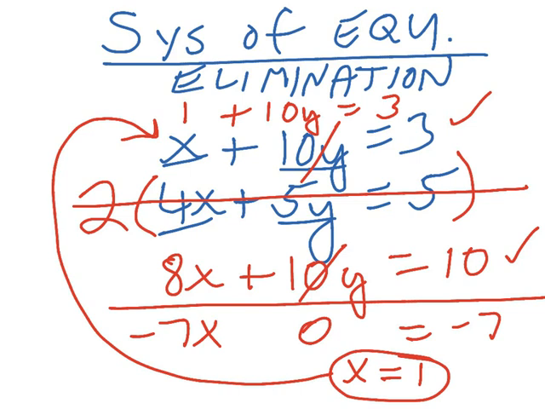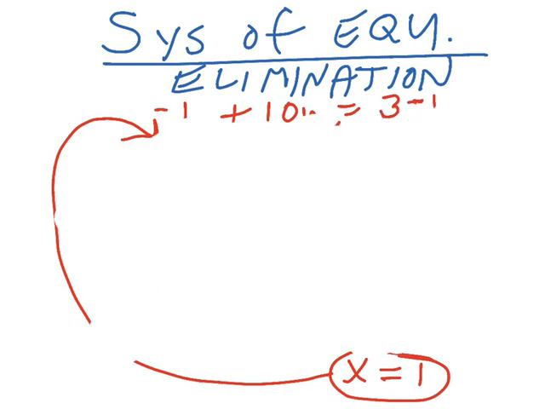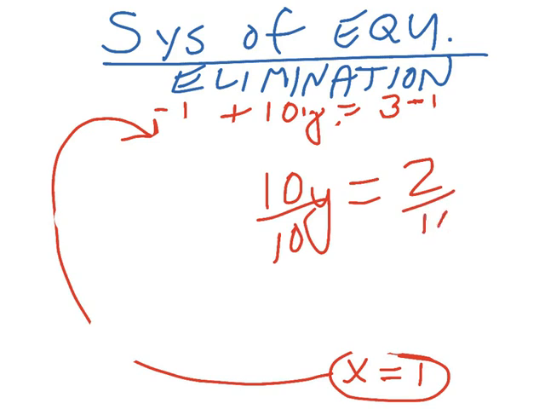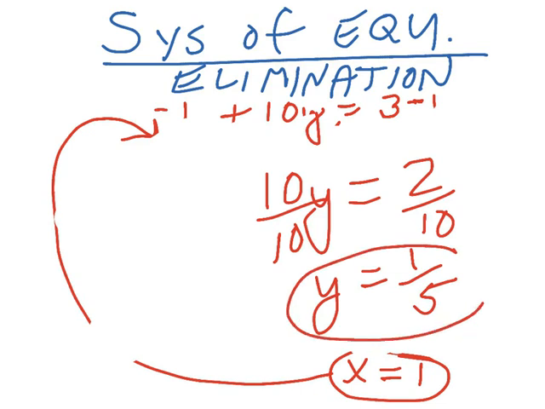So we just move the 1 to the other side, subtract 1 there and subtract 1 over here, and we get 10y is equal to 2. Divide both sides by 10, and we get y is equal to 2/10 or 1/5. So there, by elimination, we've solved for both x and y.